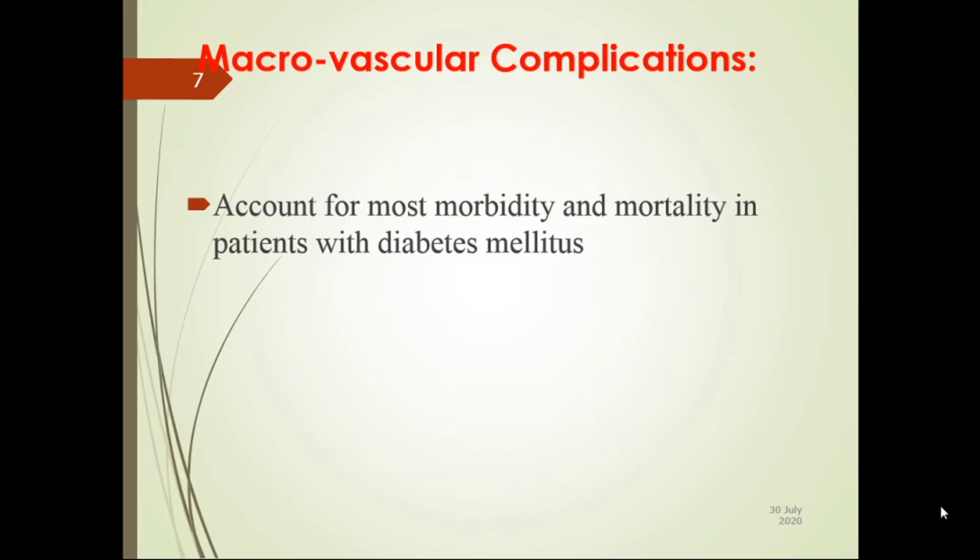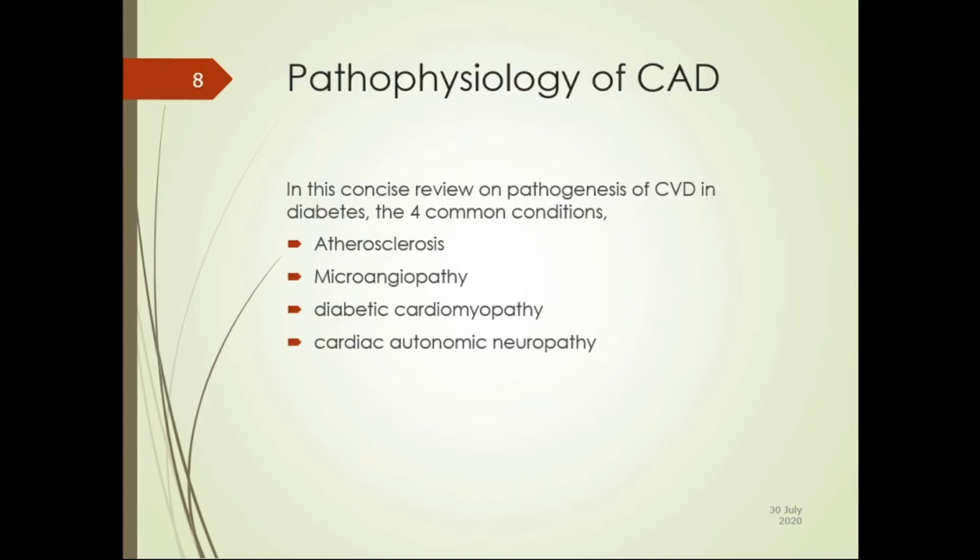That means it really needs to be taken care of. These patients need to prevent or to treat and to be diagnosed early enough so that they don't end up as mortality statistics. So let us go to the pathophysiology of cardiovascular artery disease.